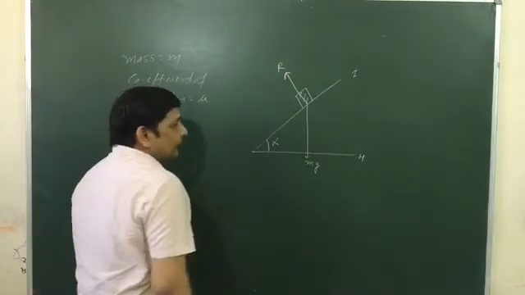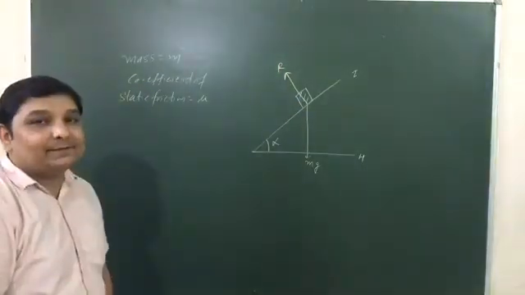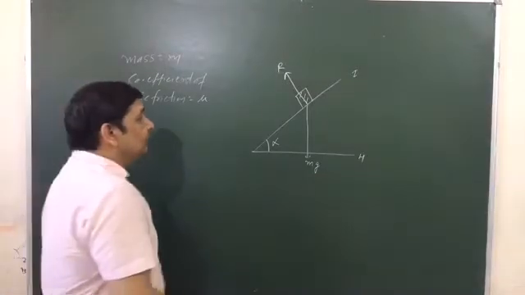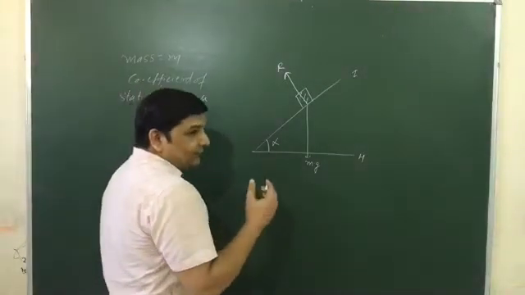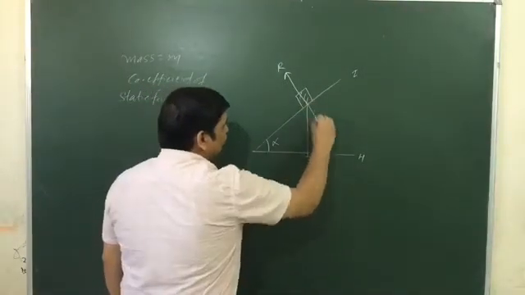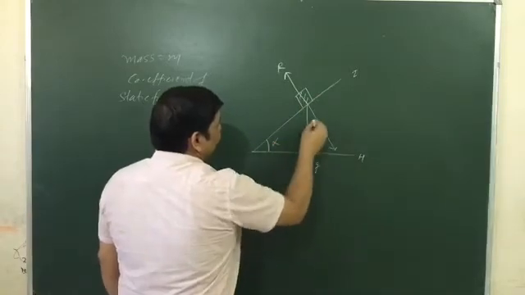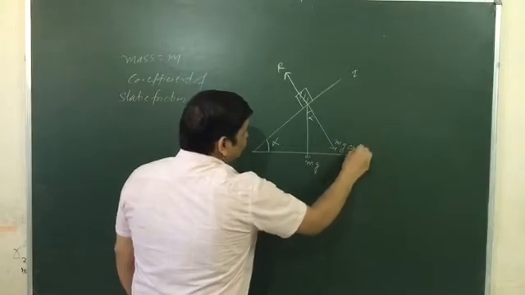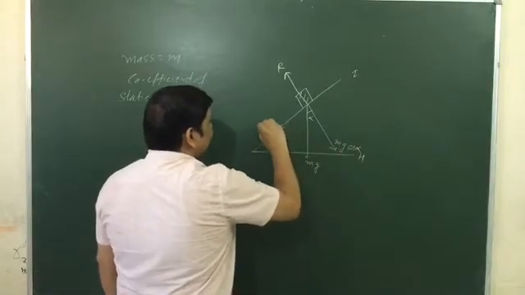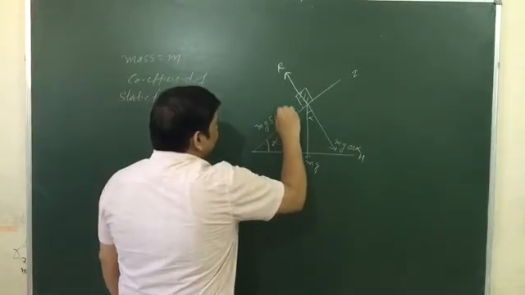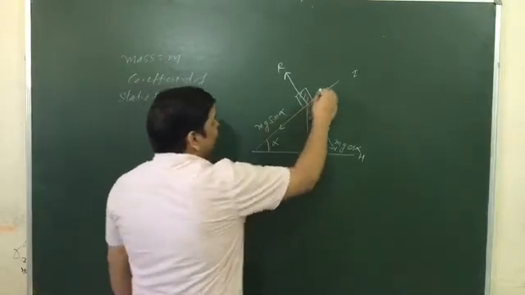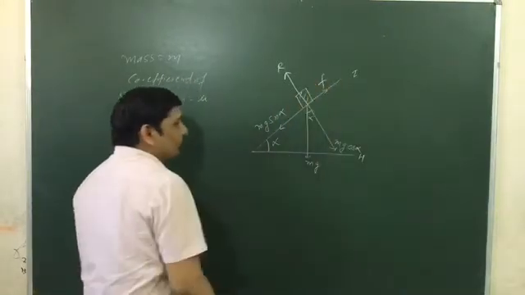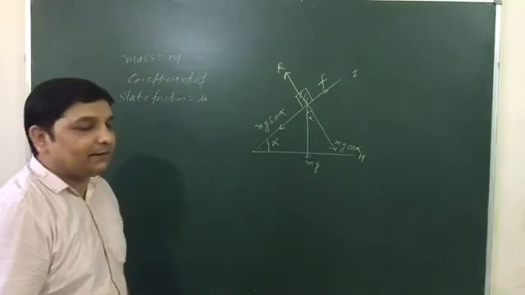In this case, the reaction is not balanced by the weight of the object. Therefore, we have to resolve the weight. This angle is also equal to alpha. The components are mg cos alpha and mg sin alpha, and the direction of frictional force is opposite to the direction of mg sin alpha.